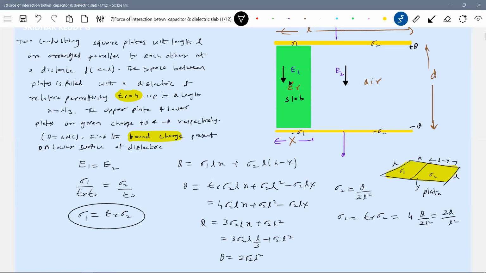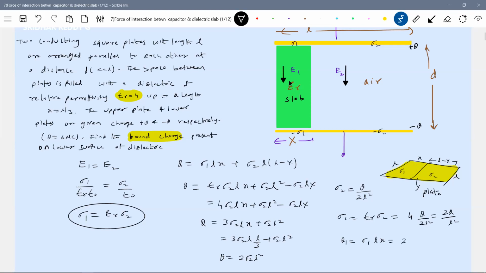So what are the charge densities? Now how much charge will we find out? We are interested in the charge present here. So this will become Q1 equal to sigma 1 into Lx, the charge present in this region.